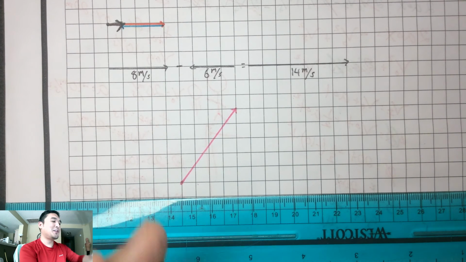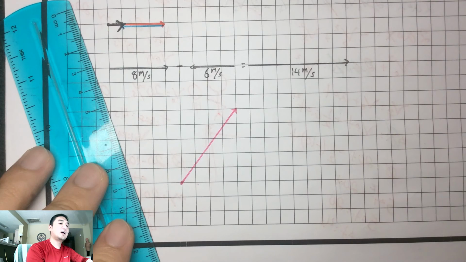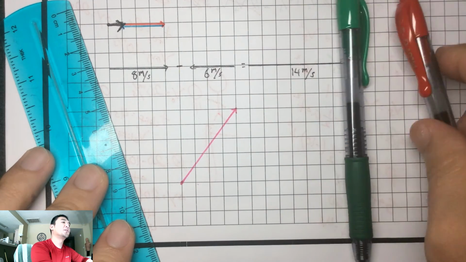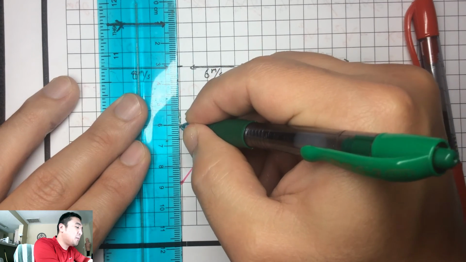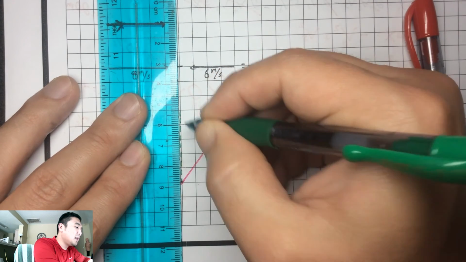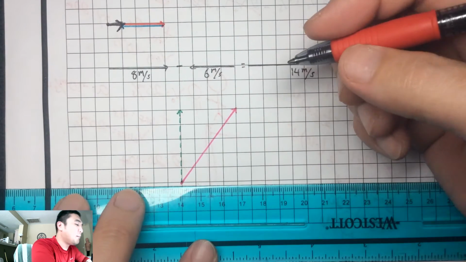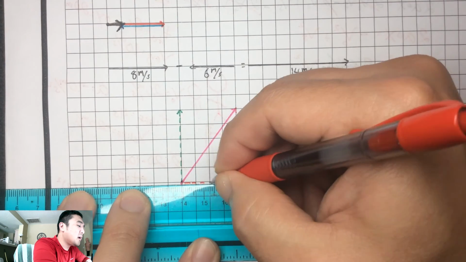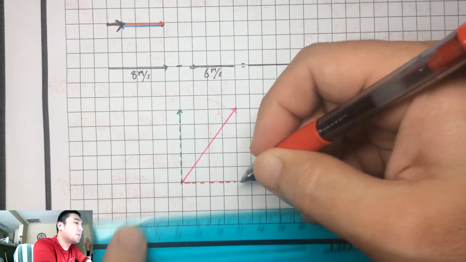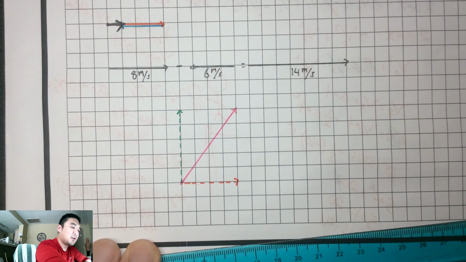We have this pink vector and it has something called components. The components to it, we're going to use red and green. This pink vector has two components. It has a component in the vertical direction and a component in the horizontal direction. I'm not sure if red and pink are going to be differentiable. I should have used blue. I don't know if that's going to be differentiable either.